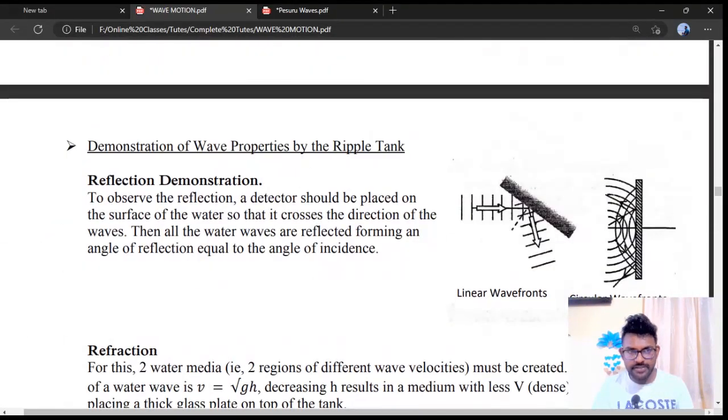Okay, let's first see how we can demonstrate the reflection. For the reflection to occur, we know we need to have a rigid surface that prevents the wave from propagating into the other side. For this, we can have a wall. It could be a piece of wood or maybe a piece of glass that has a higher thickness.